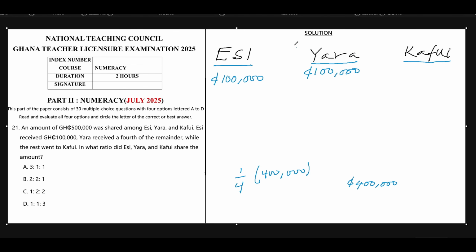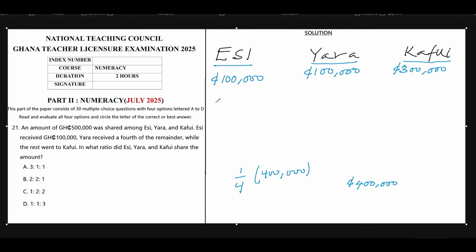The total amount of money was 500,000. AC had 100,000. Yara had 100,000. So the remainder will be 300,000 cedis.